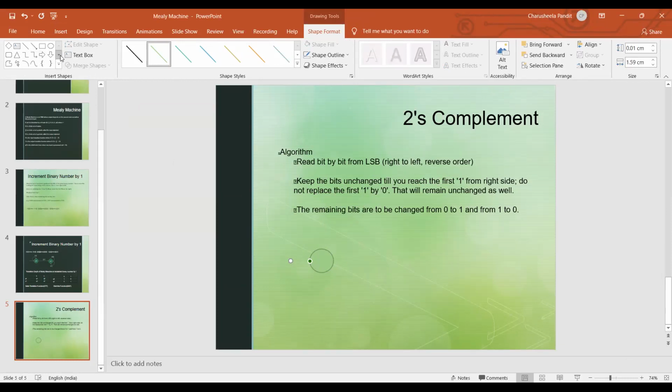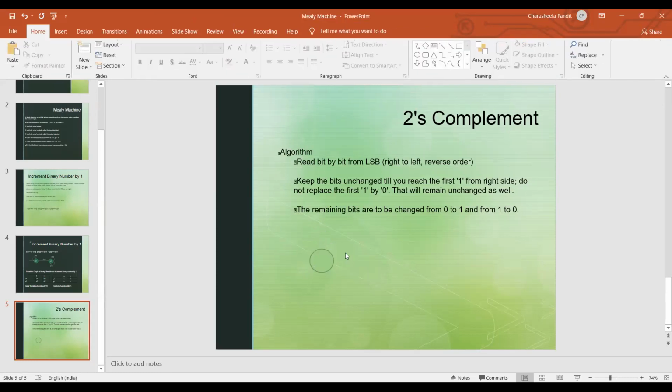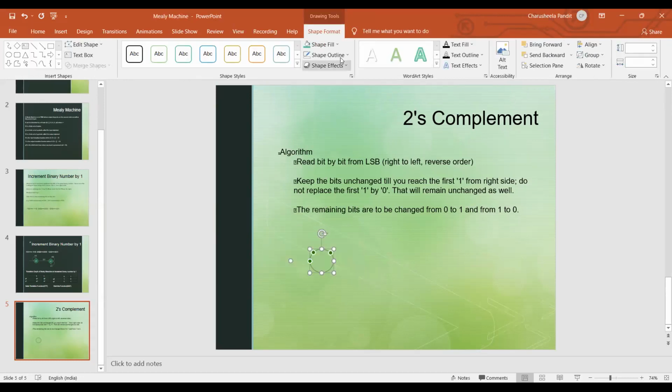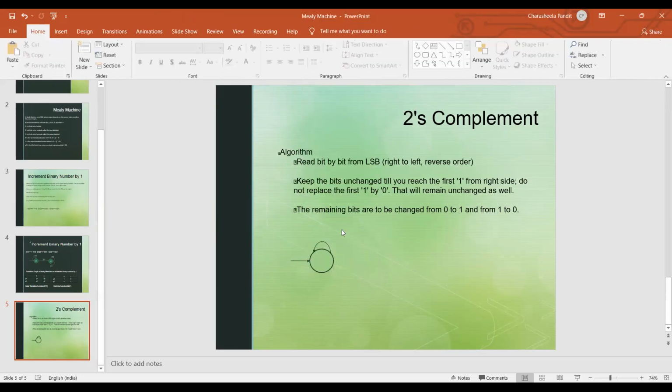So keeping that in mind, we have to draw the self loop. When your initial state q0 receives 0, it will keep it as it is. So on receiving input 0, the output will also be 0.